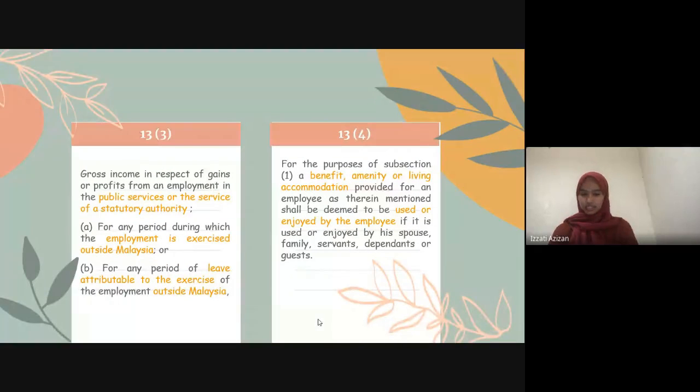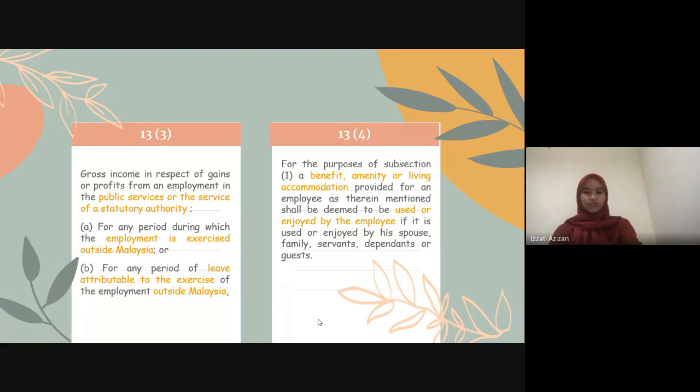Next is section 13, subsection 3. Gross income of Malaysian citizens in respect of employment in public service or the service of a statutory authority must include the amount receivable for any period during which the employment is exercised outside Malaysia, or leave attributable to the exercise of the employment outside Malaysia.